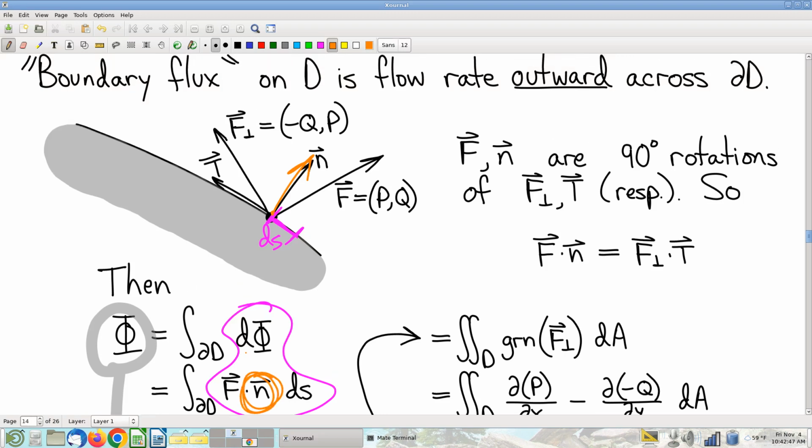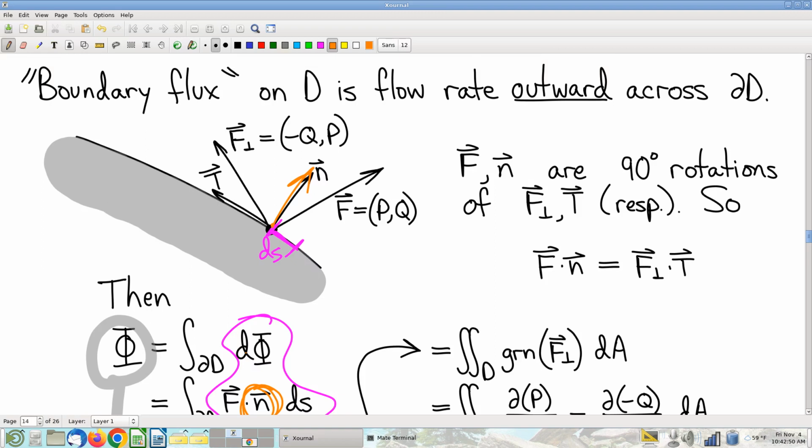By the way, we have to make a convention when we talk about boundary flux. Another convention: boundary flux means outward across the boundary. It's an arbitrary convention, highly standard. So no magic reason, but it is something that we have to do. This is how conventions work.